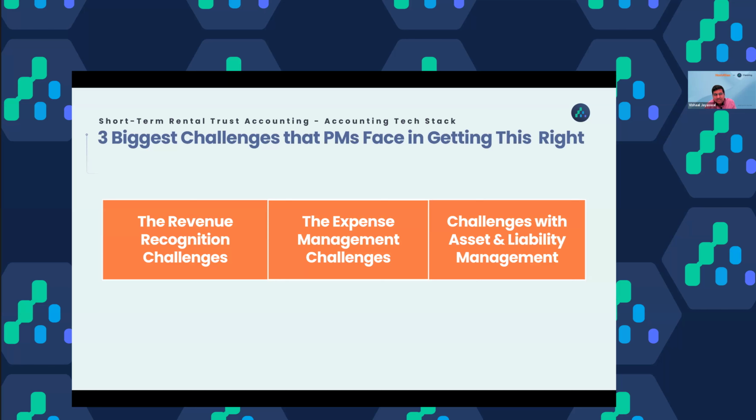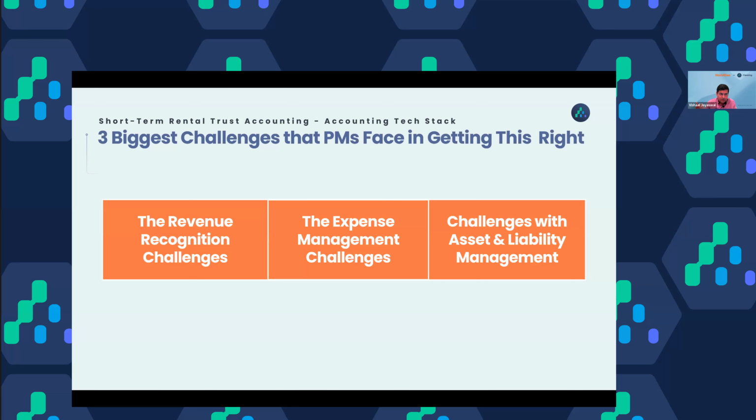And the third challenge is managing your assets and liabilities correctly. In the next few slides, we will deep dive into each of these challenges in detail, talk about what causes them, and share with you some best practices we've established in working with Clearing and QuickBooks together to address these in your trust accounting and your financial accounting process.